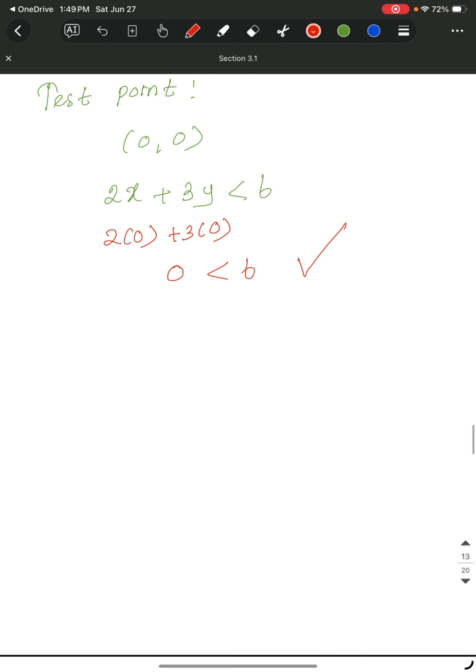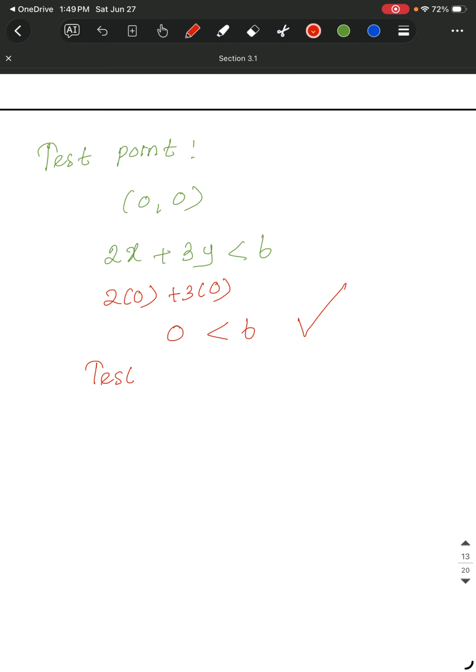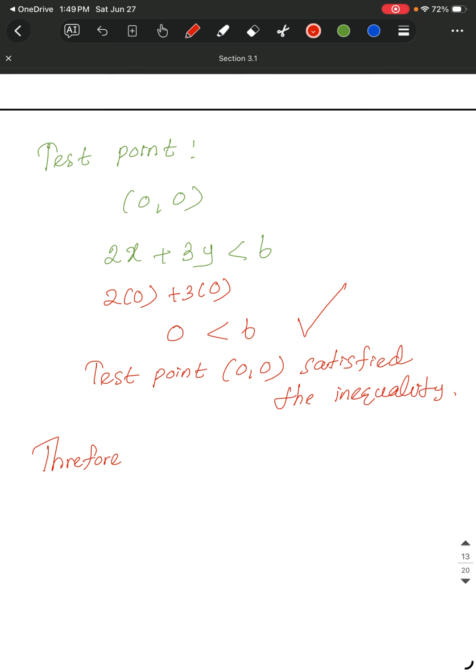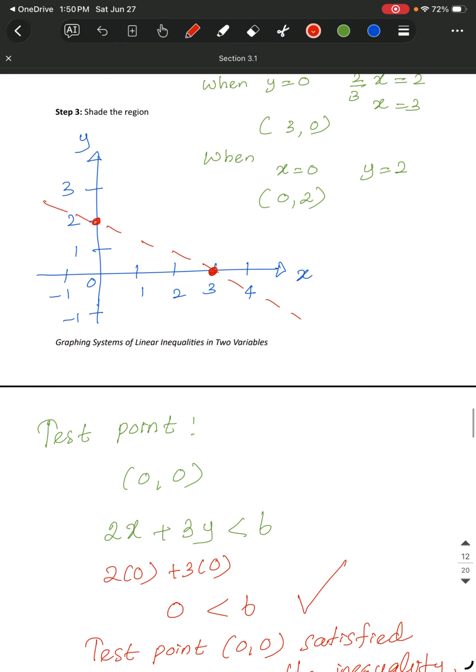Yes, the test point (0, 0) satisfied the inequality. Therefore, the test point is in the solution region. So the solution region would be the region which includes (0, 0).